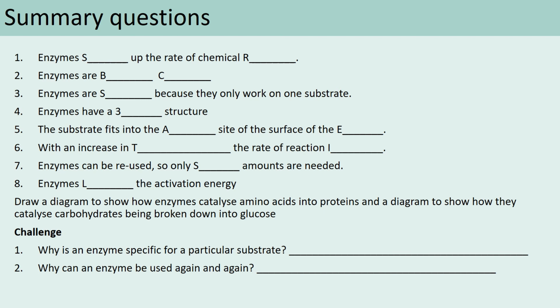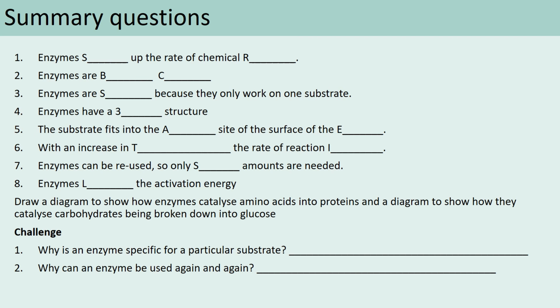And then a diagram to show how they catalyze carbohydrates being broken down into glucose. So instead of building up like with the last one, this one you're taking a carbohydrate and you're actually breaking it down into glucose. And then have a go at some trickier questions, which are at the bottom, 1 and 2. Why is an enzyme specific for a particular substrate?